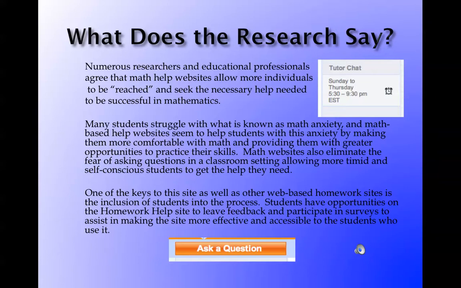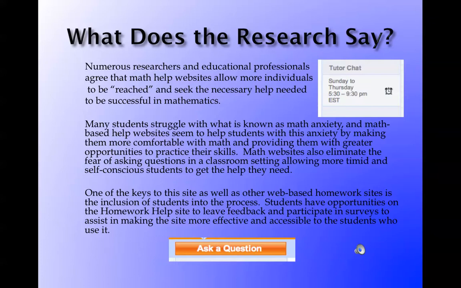It also alleviates stress and anxiety from students who don't want to raise their hand or ask a question in class. It also gives students who have a not so positive relationship with the teacher that teaches them mathematics a way of getting help without having to be in an uncomfortable position with a teacher that they may not like.